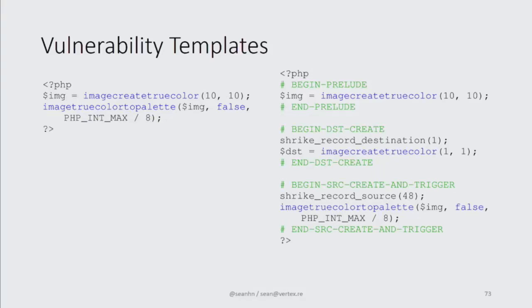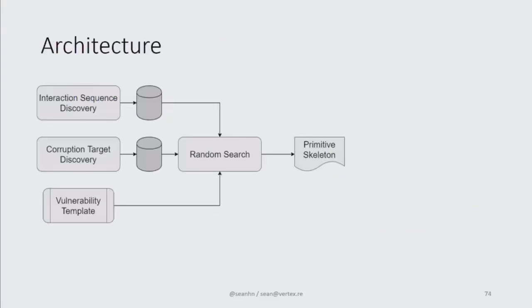And the system is free to insert heap manipulation, or to perform its search, at any location outside these tags. So it can insert code here to do heap manipulation, or here. So this is what a vulnerability template looks like. It's very straightforward, and the overhead for the users is pretty low.